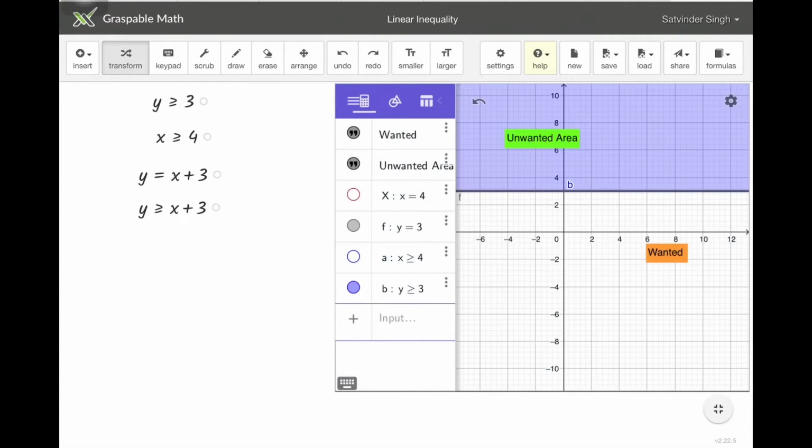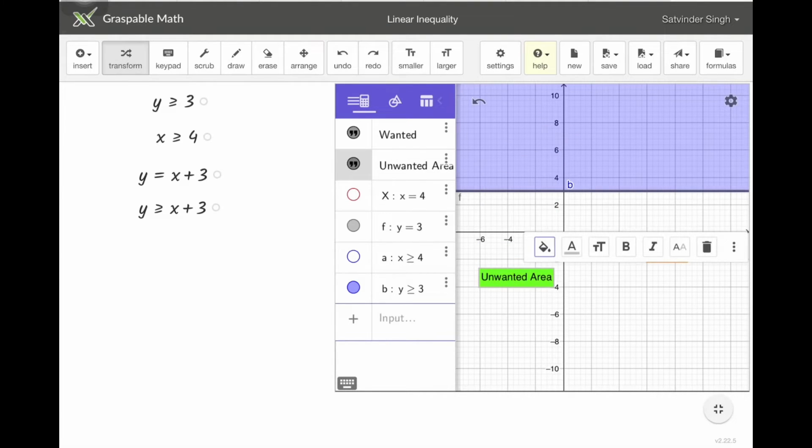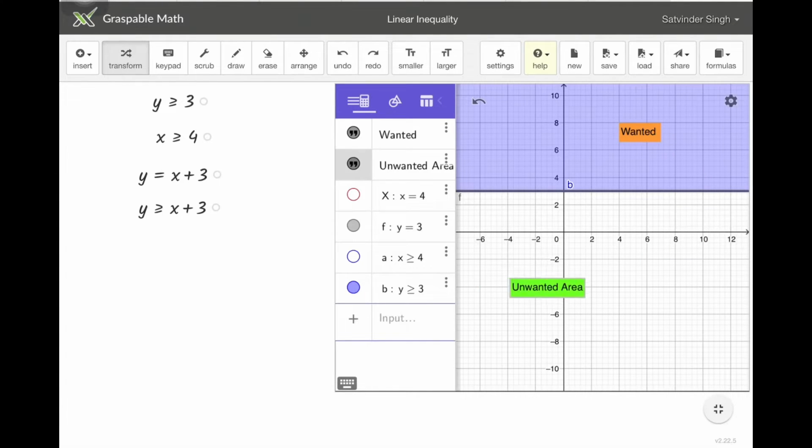So the blue area is satisfying the inequality. We can say that is the wanted area and unwanted area is below the line, because y is greater than or equal to 3. So 4 is greater than 3, 6 is also greater than 3. All those values are greater than 3 for y, but below they are less than.